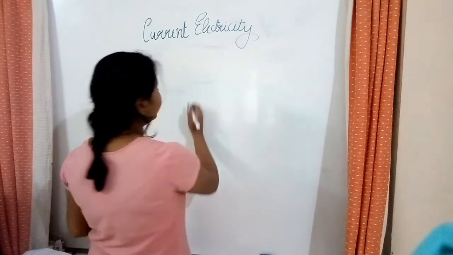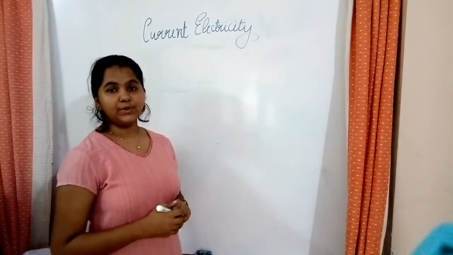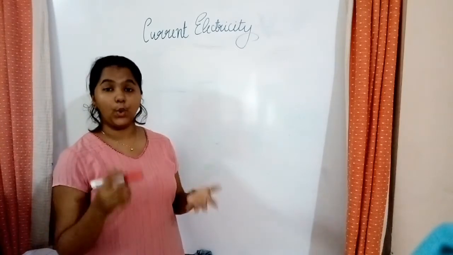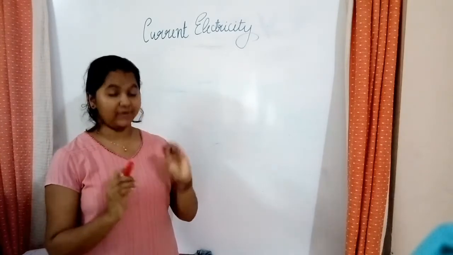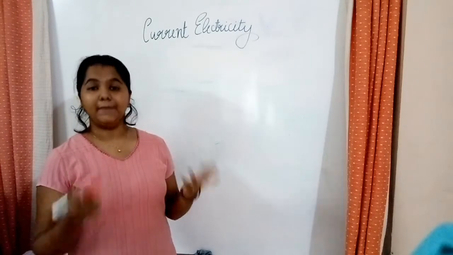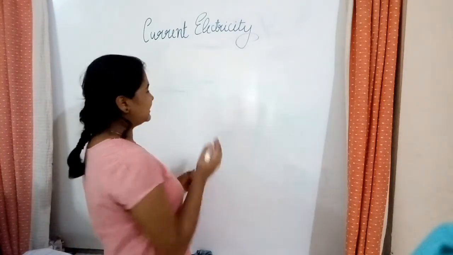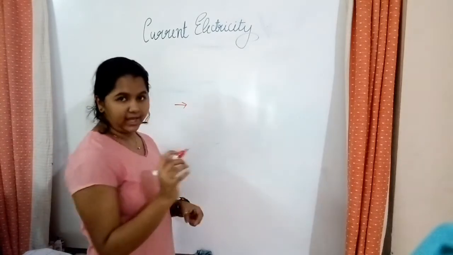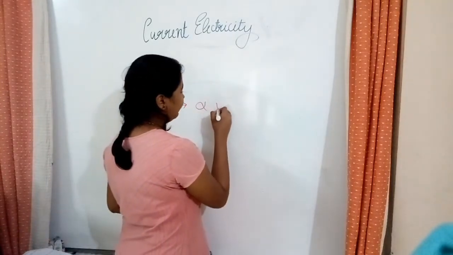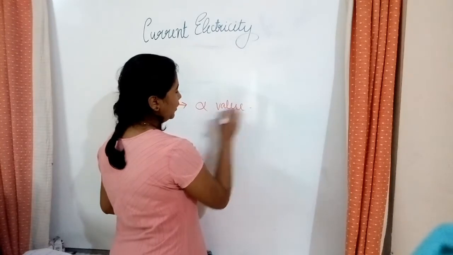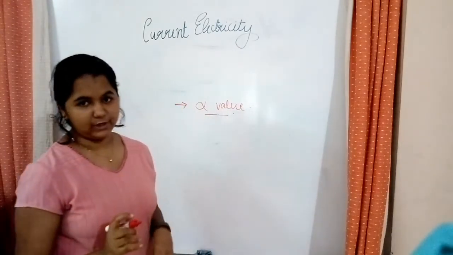Now we'll discuss why semiconductors are used in making resistances. The first point is they have a very small alpha value.